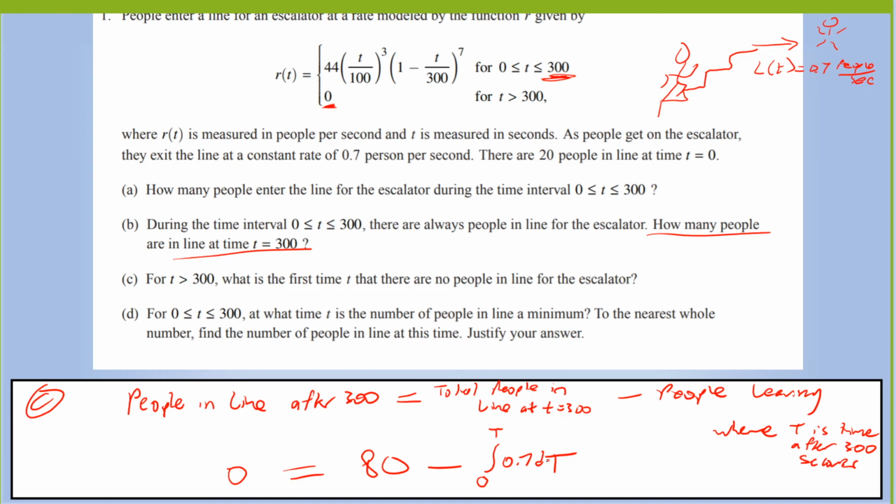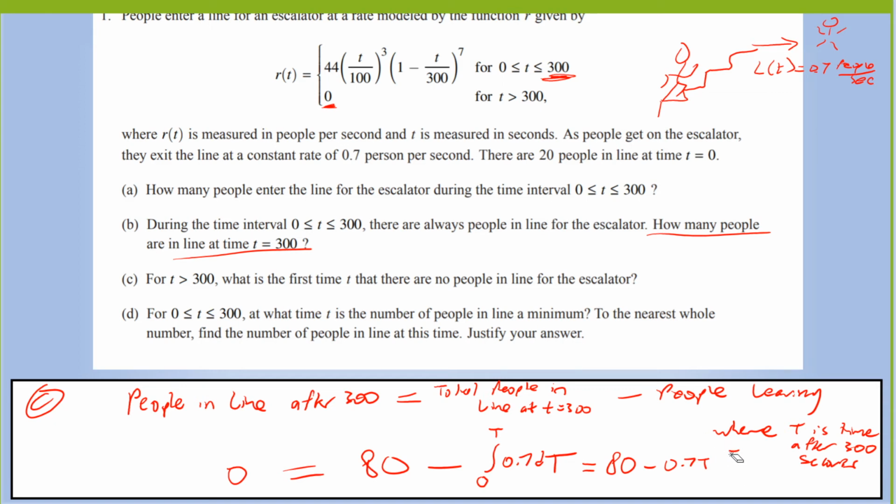Okay, so if I integrate 0.7 dt from 0 to t, what will I get? If I integrate 0.7 dt, what should I get? 0.7 t. Okay, then I would plug in t and then subtract what happens when I plug in 0.